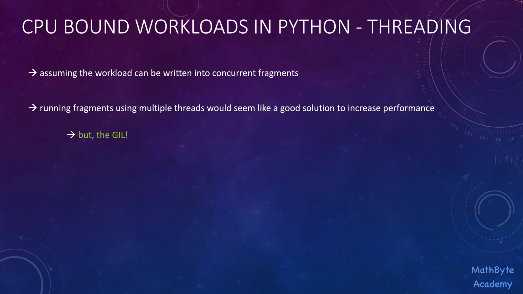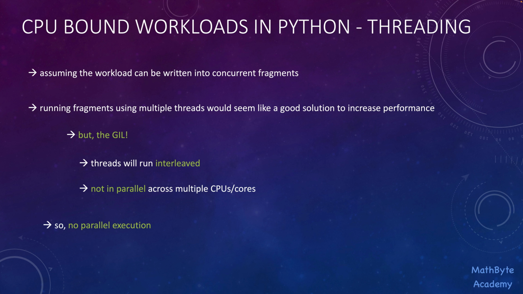But you can't. You've got the GIL, remember? The global interpreter lock. The threads will run interleaved. They are not parallel. So we do not run threads in parallel across multiple CPUs or cores. No parallel execution. I'm repeating that because that's really key. So we've written the piece of code in a concurrent way, and we're firing off all these threads, but they're only going to execute one after the other, never in parallel.